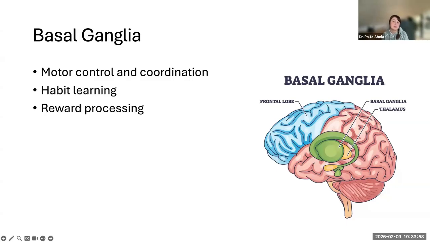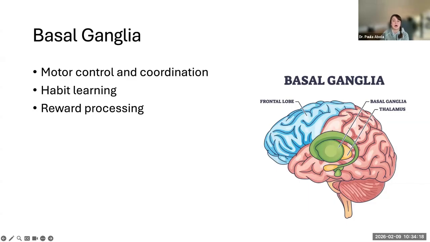When these circuits are functioning properly, movement appears fluid and automatic, allowing us to perform everyday actions without conscious effort. In addition to motor control, the basal ganglia are deeply involved in learning routines and habits.